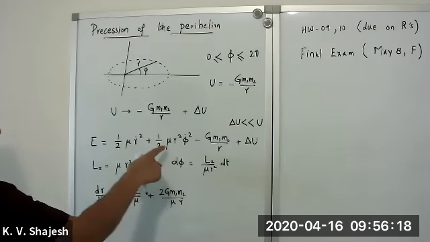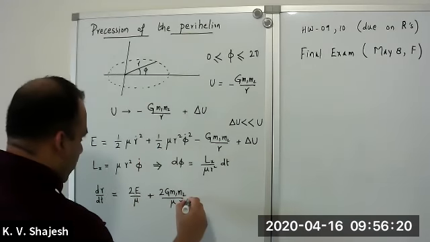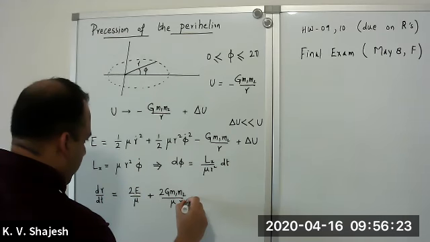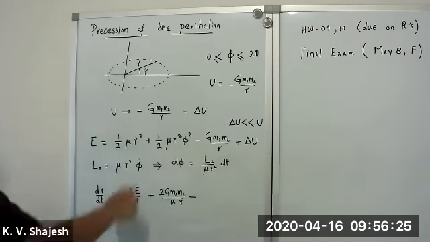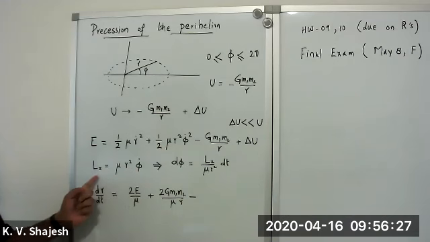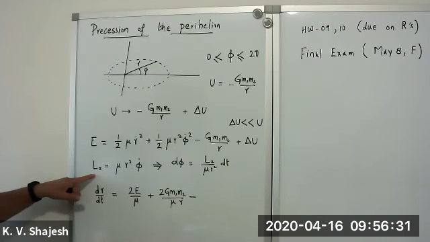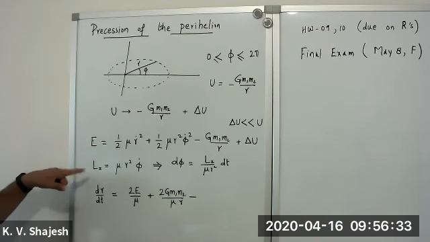I really have too little space. Plus 1 over r square, or minus now, but I'll replace this phi dot with this quantity here. So you have Lz square over mu square r raised to 4.